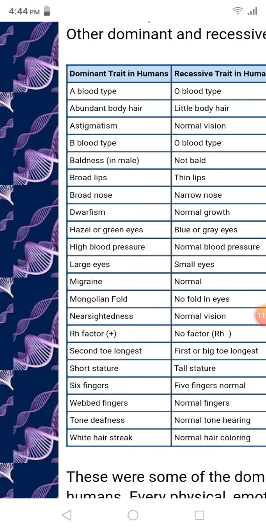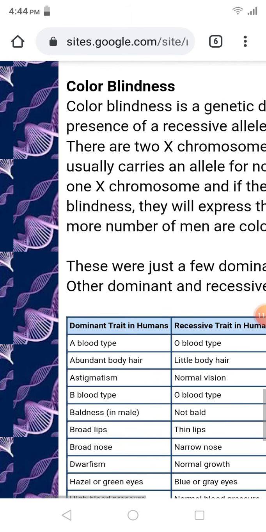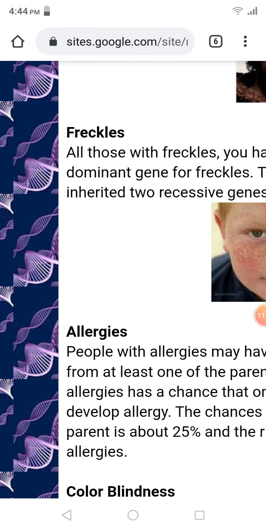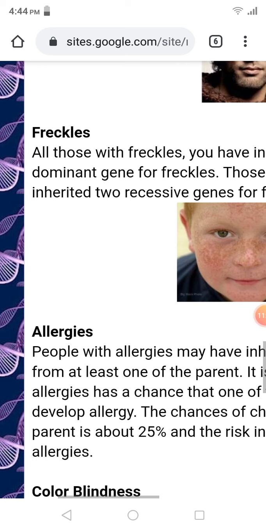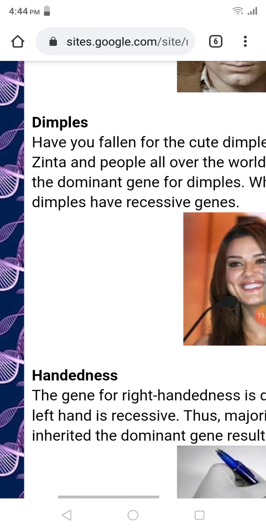They don't post it as a common feature like on here, just like the widow's peak and other things. So obviously there are other recessive and dominant features that we have to look into.